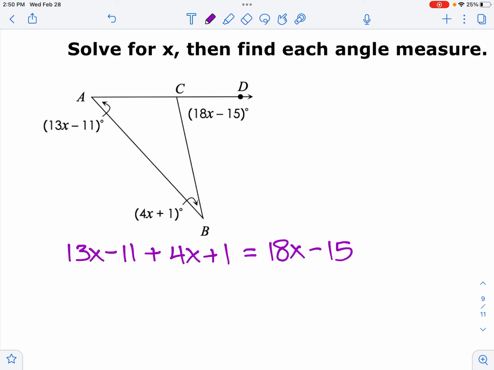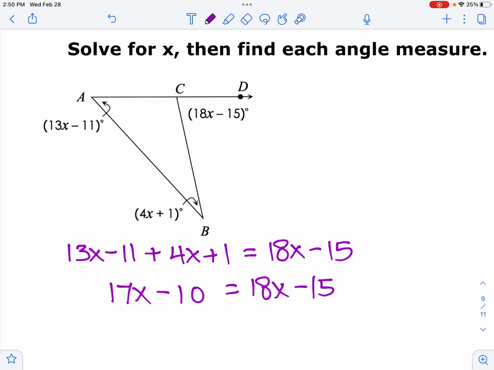Okay, always simplify both sides before you start solving. So I want to put together my x's on the left here and my negative 11, positive 1. So I want to clean up the left-hand side first. So 13x plus 4x is 17x. And then negative 11 plus 1 is negative 10. And that has to be equal to 18x minus 15. All right.